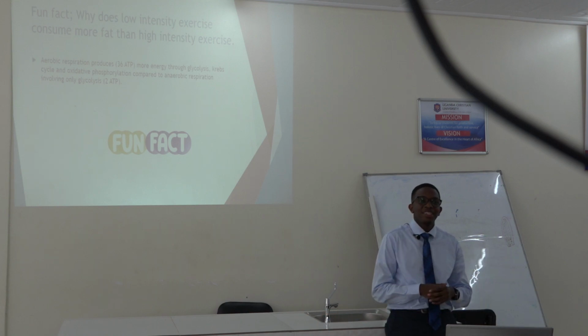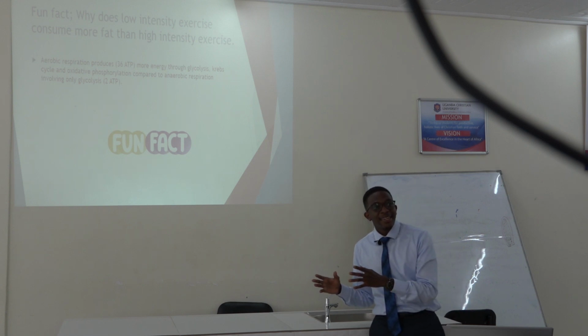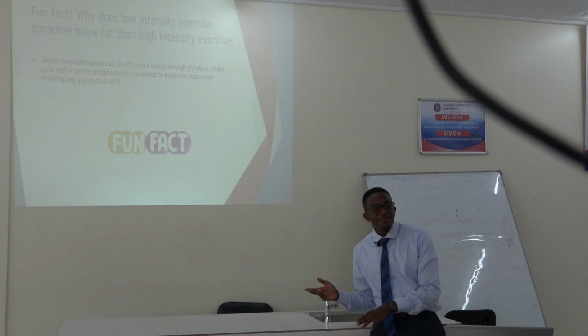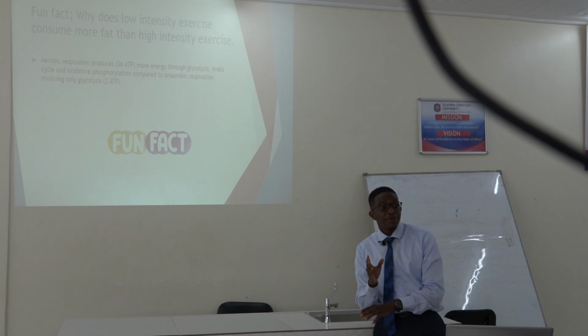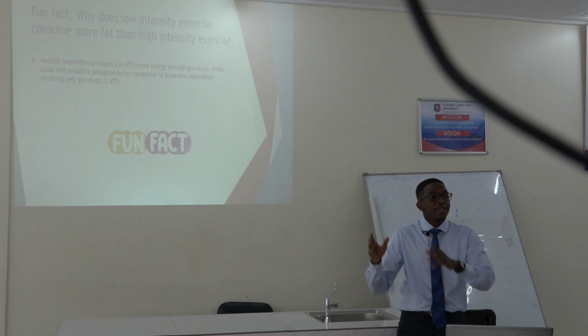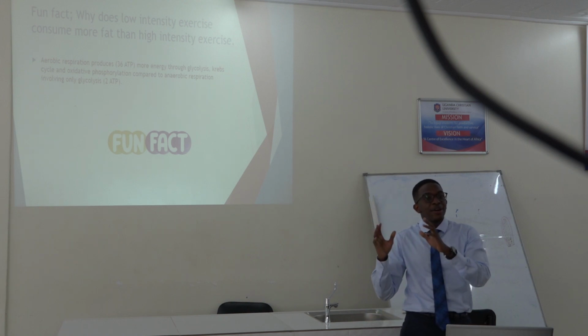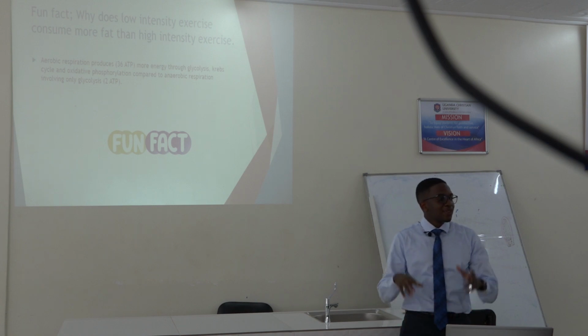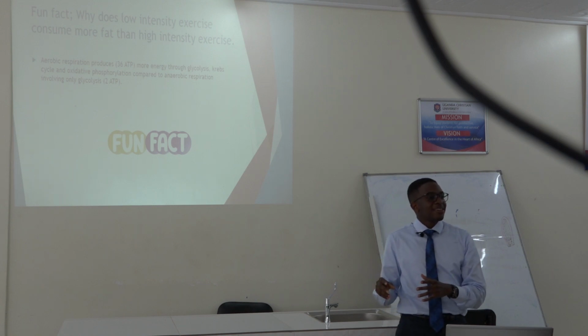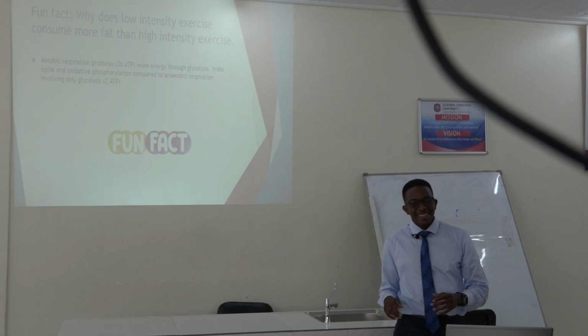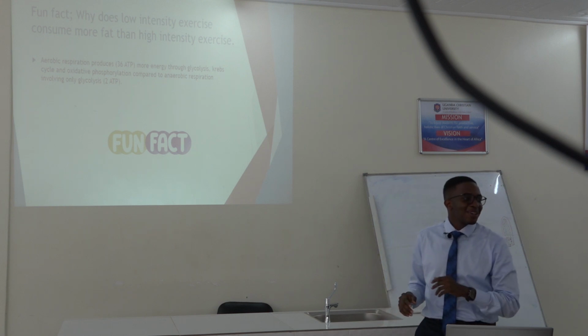Anaerobic respiration produces less ATP because we only go through the glycolysis pathway, and we stop there, producing 2 ATP molecules. And then aerobic respiration, that's where we start from glycolysis, we go to the Krebs cycle, we go to oxidative phosphorylation, and we eventually reach the electron transport chain.